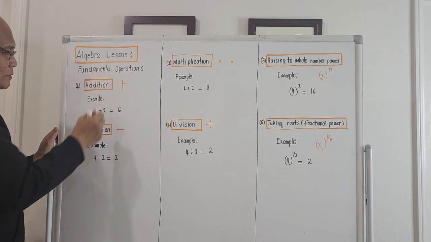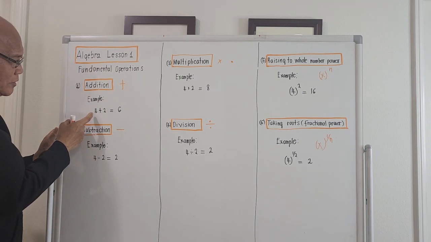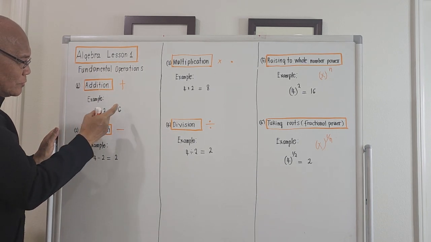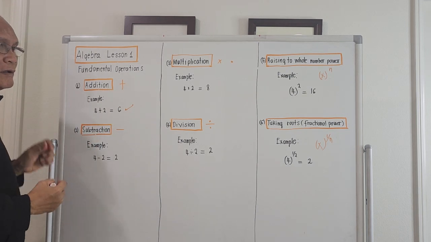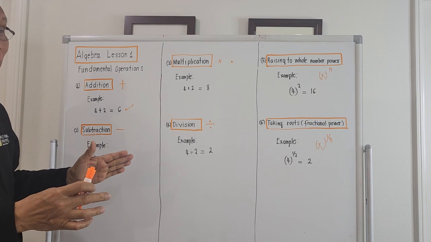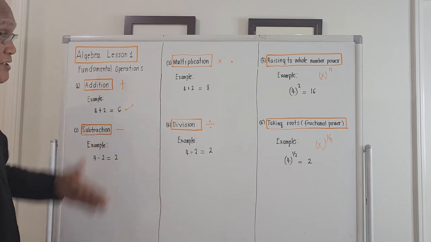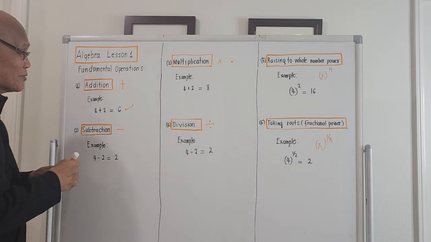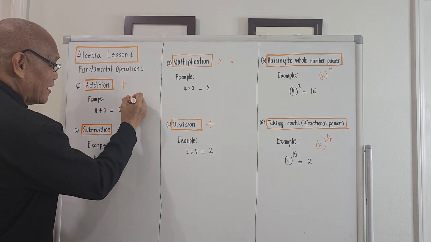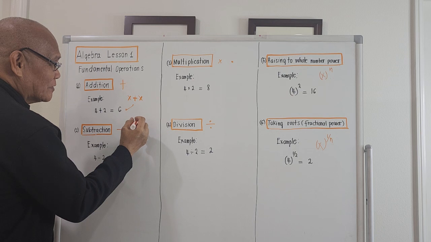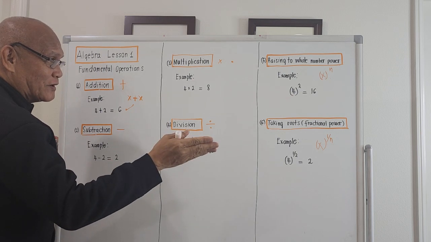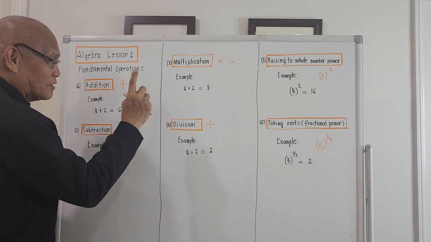For the addition, 4 plus 2 should be equal to 6. There's no hard thing about it. That's just addition. So if you are adding an x plus an x, ask yourself, are they similar terms or dissimilar?